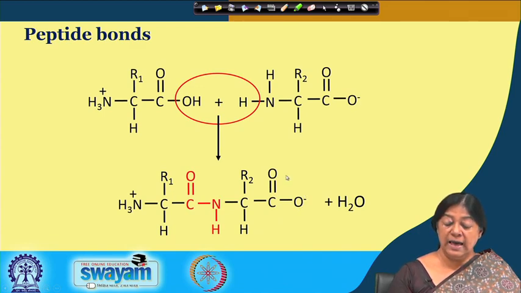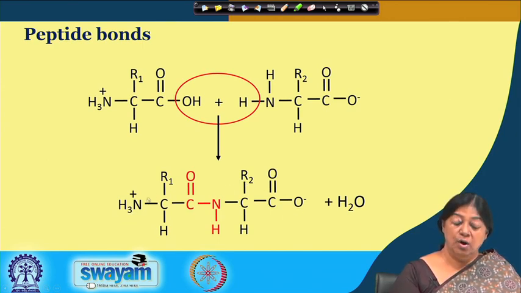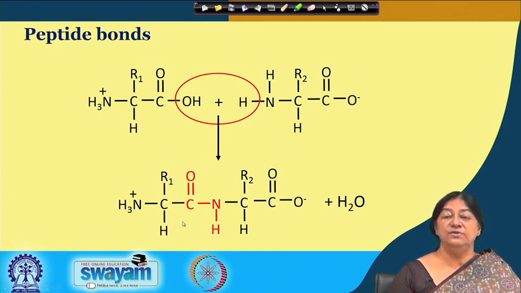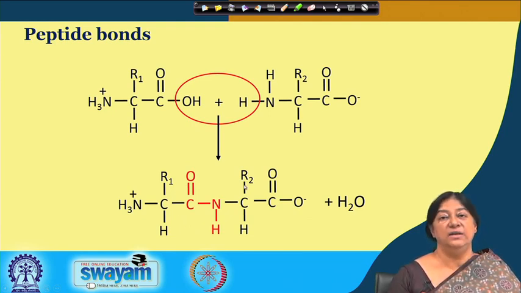So, we are looking at the pK1 value of R2, the pK2 value of the R1 amino acid. And what other information do we need? We have to see whether R1 and R2 themselves have any ionizable groups or not. If not, then we know that it is going to be pK1 plus pK2 divided by 2.